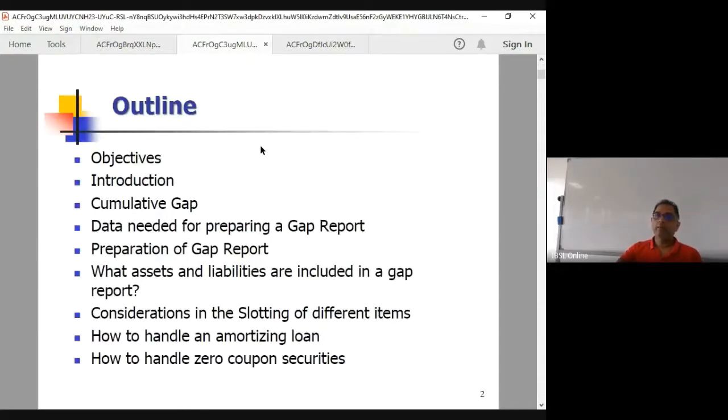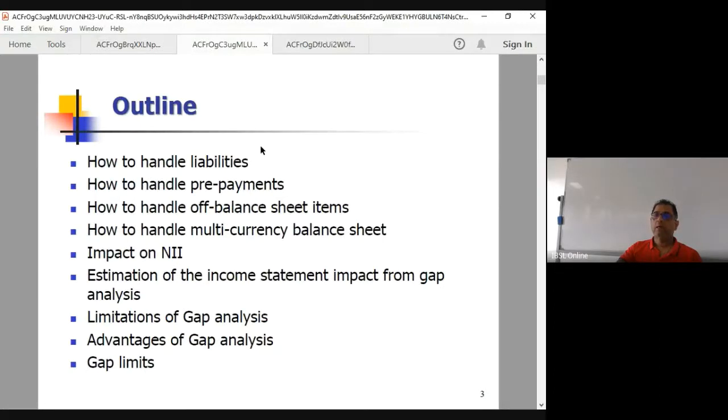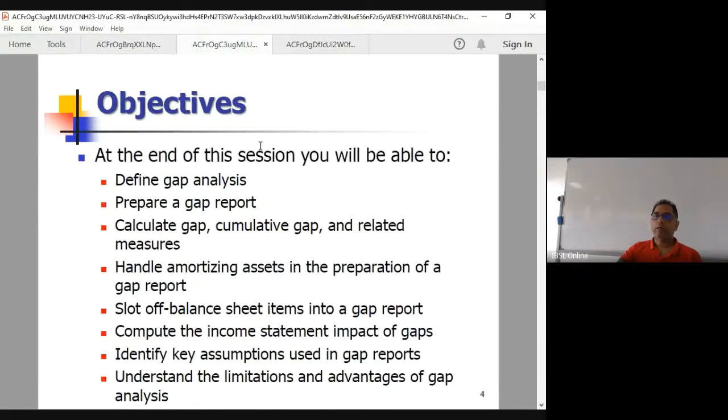In that, we looked at a basic introduction into what a gap is, and basically how to prepare a gap report, and then how you handle the different assets and liabilities of an institution within that, because as you know, managing a balance sheet or managing cash flows is a dynamic process, and things don't remain static over a period of time.